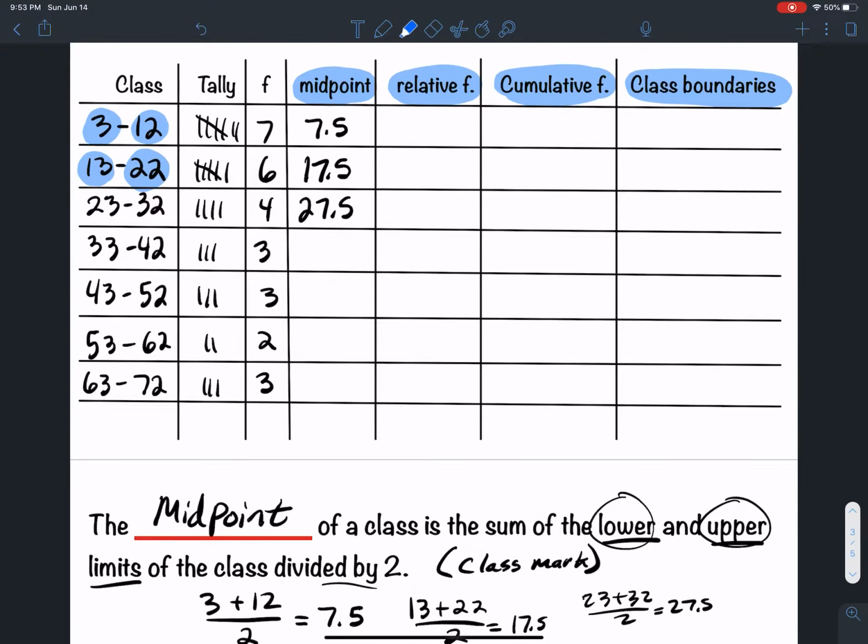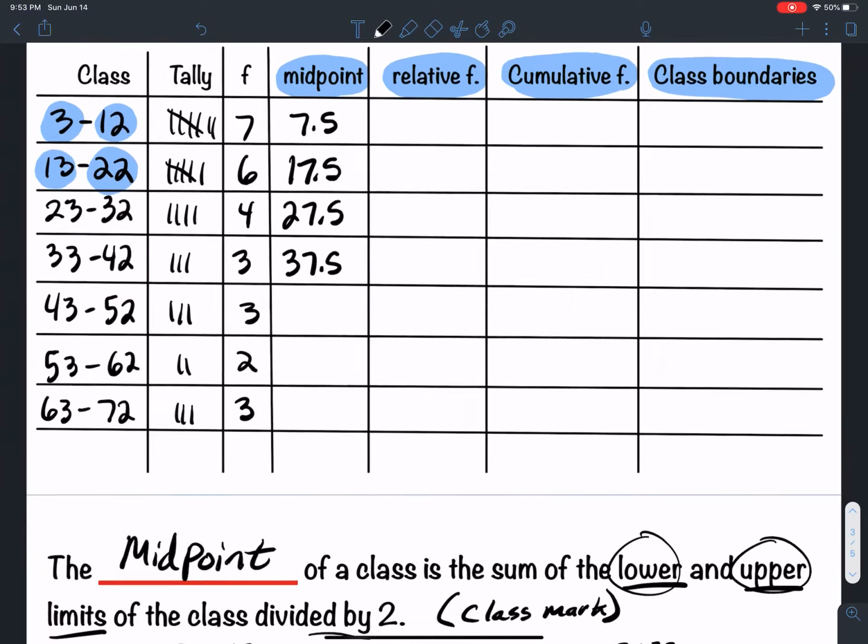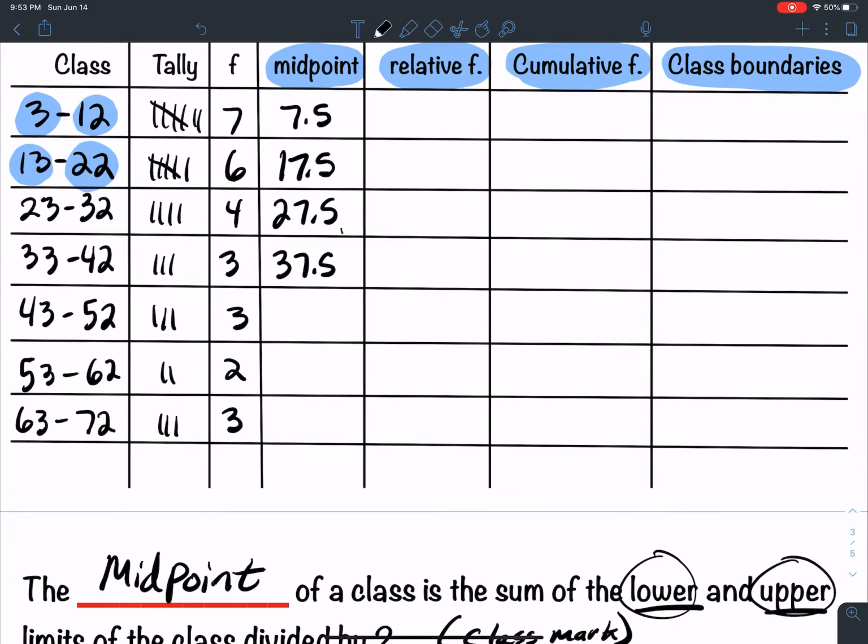Okay, what's changing? It goes from 7.5 to 17.5 to 27.5. What's the next one going to be, you think? Yeah, it's going to be 37.5. Literally, to get the next one, all you have to do is add the class width.